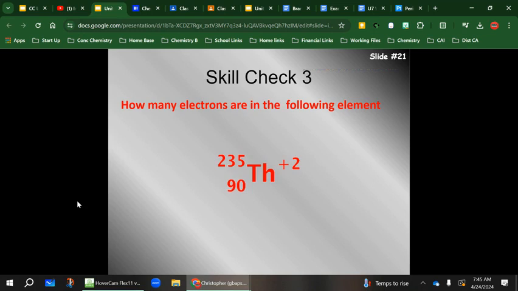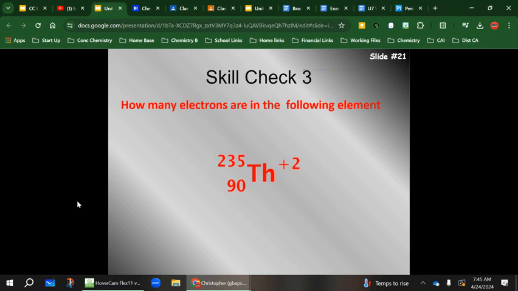That is the number of protons only. So, when we take and we subtract these two, the number that we get here is the number of neutrons. That's what we get there, ladies and gentlemen.